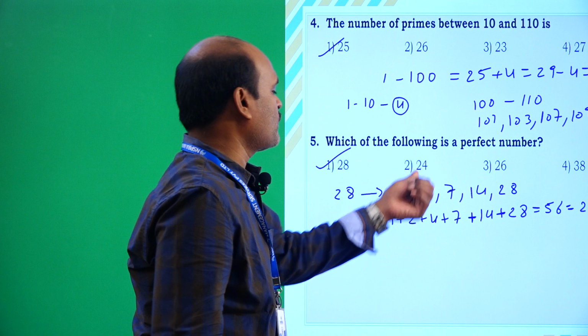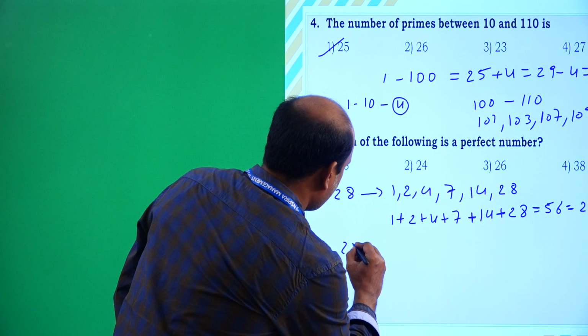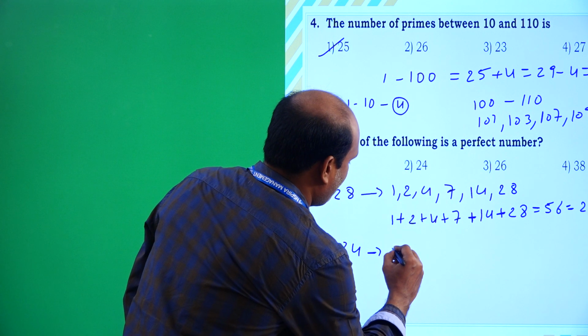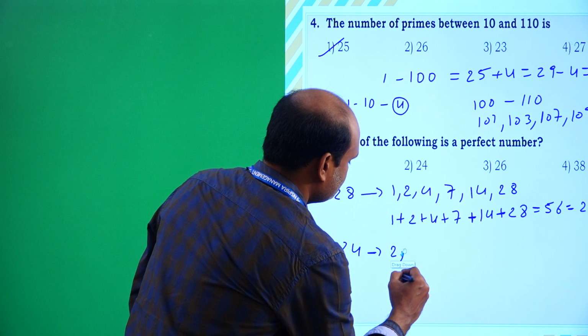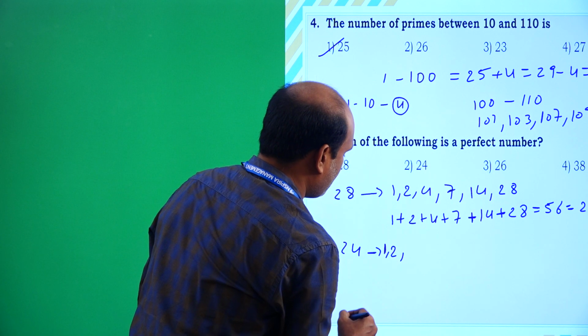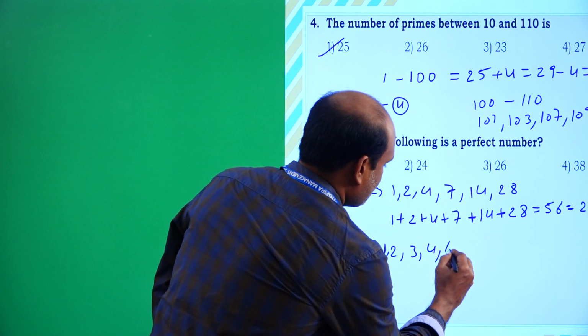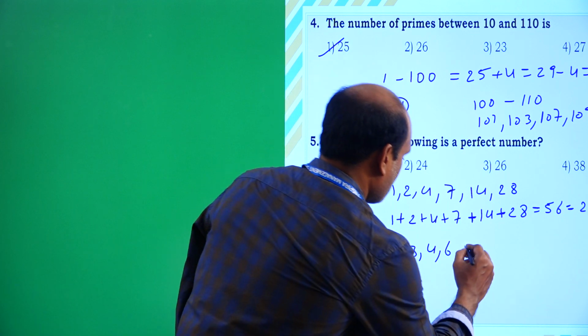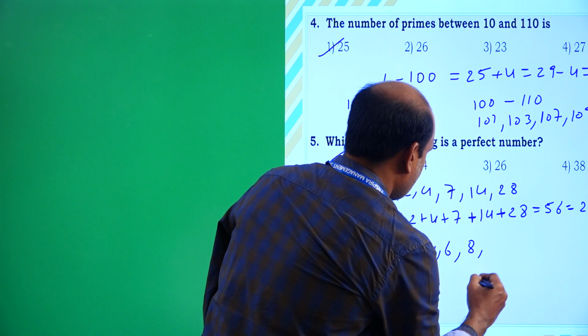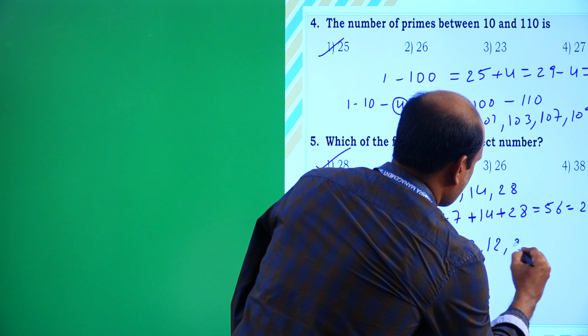If you see 24, suppose you verify 24. What are the factors of 24? 1 is a factor, 2 is a factor, 3 is a factor, 4 is a factor, 6. Next 8. Next 12. Next 24.